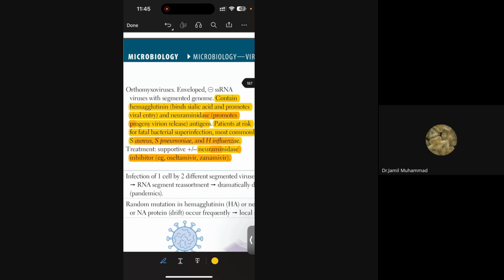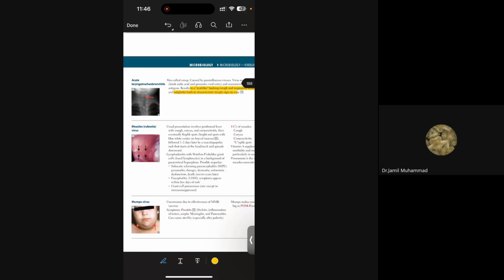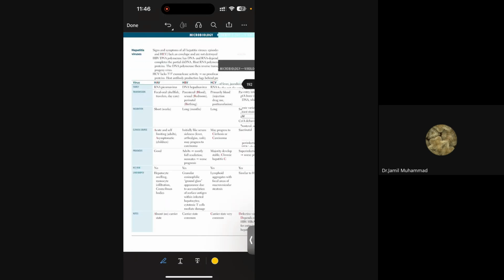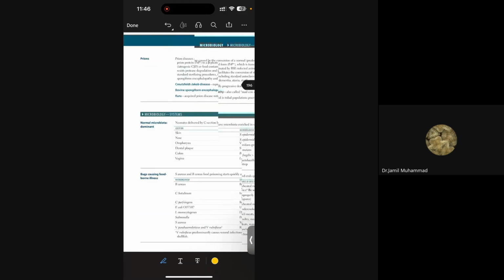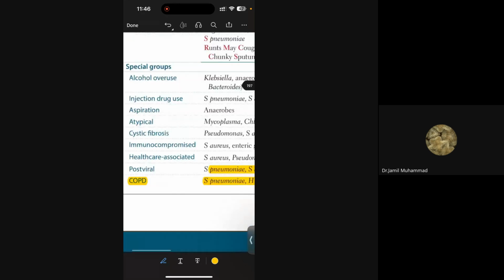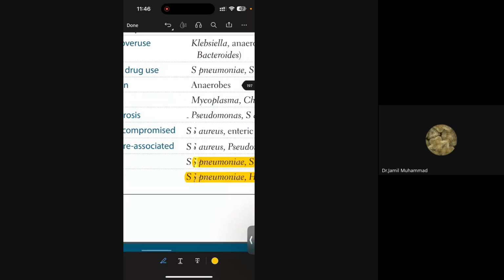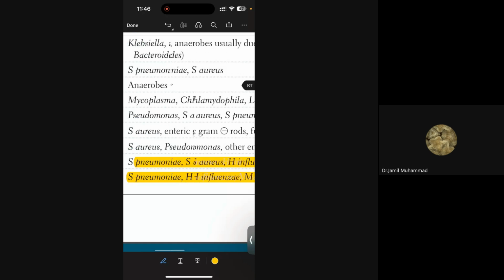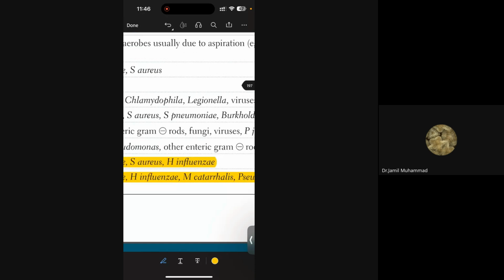Our patient has influenza, and after that he develops a superinfection, which can be due to either Staph aureus, Strep pneumo, or Haemophilus influenzae. It is also written as post-viral: strep pneumo, staph aureus, Haemophilus influenzae.